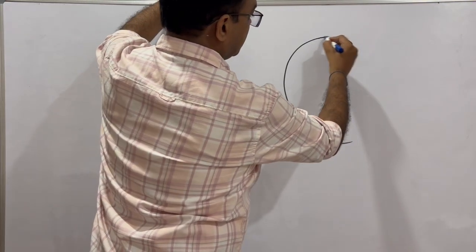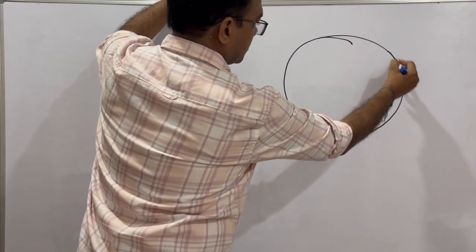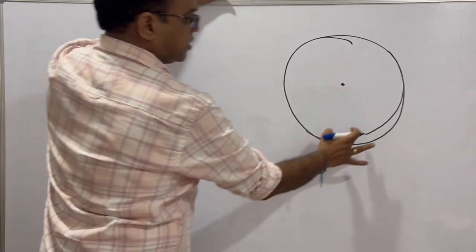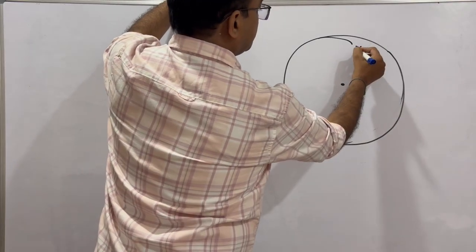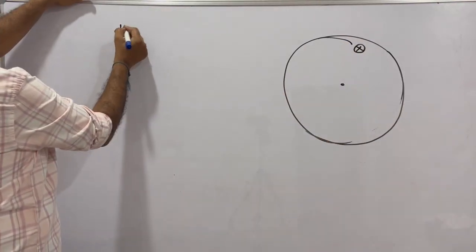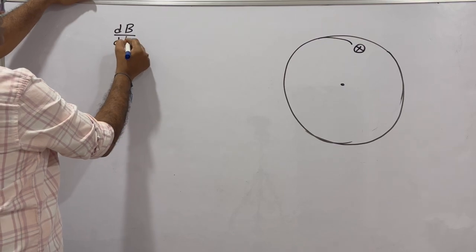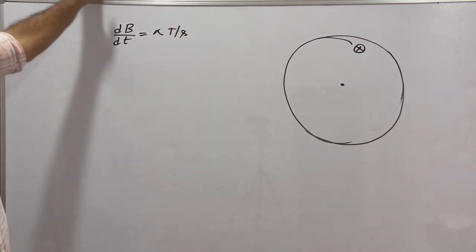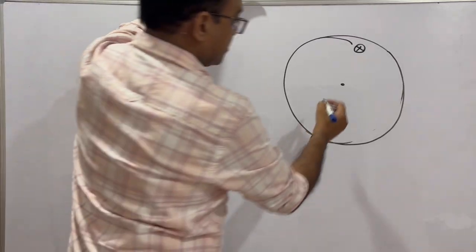Let us consider a cylindrical region in which a uniform magnetic field is there, which is increasing at a constant rate alpha Tesla per second. dB by dt is alpha Tesla per second.